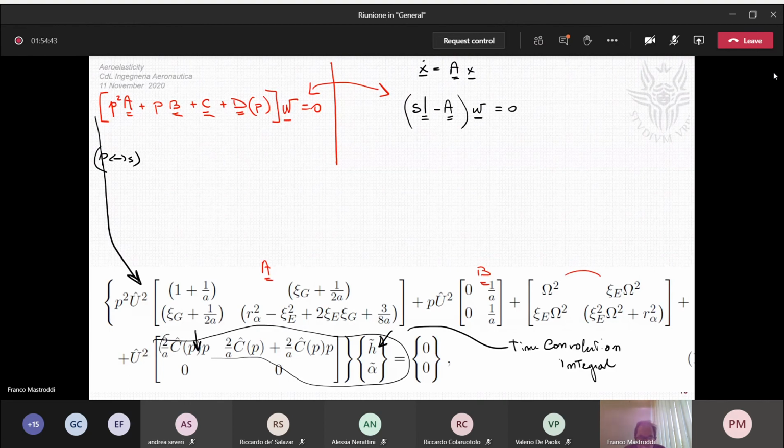In time domain, you have a differential part corresponding to the rotational part or the structural part, and you have an integral, a time integral, specifically a time convolution integral, corresponding to the rotational part here. And so as time domain version, you have an integral differential equation.